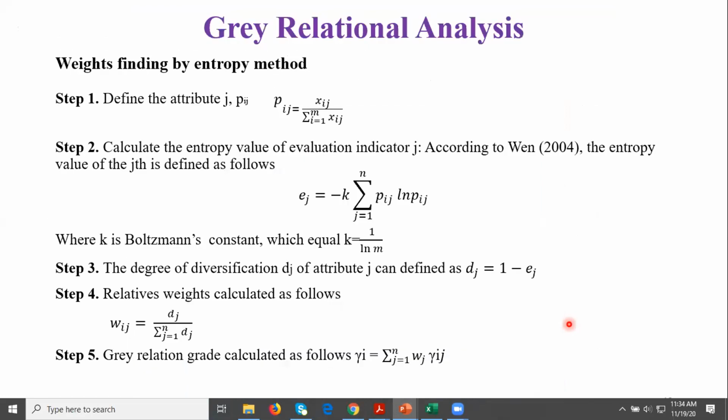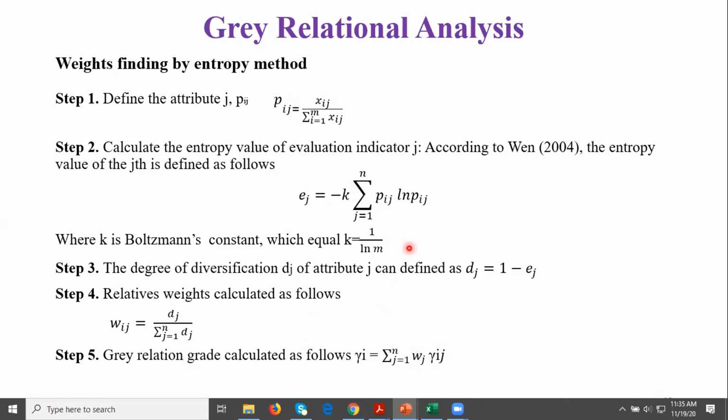Some people consider the weights with the entropy method using different values. You can see this one. Without taking any gradation grade coefficients, directly from whatever outputs there are, you can calculate by the entropy method and calculate the gradation grade.